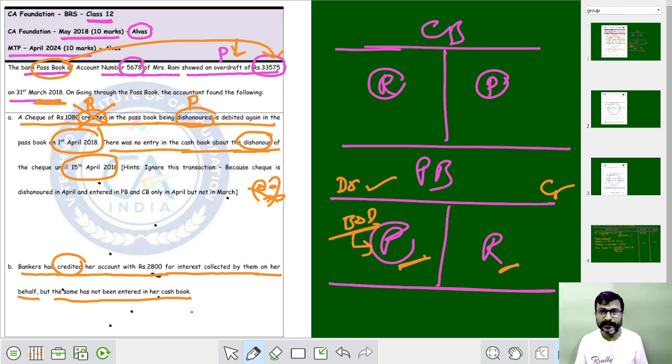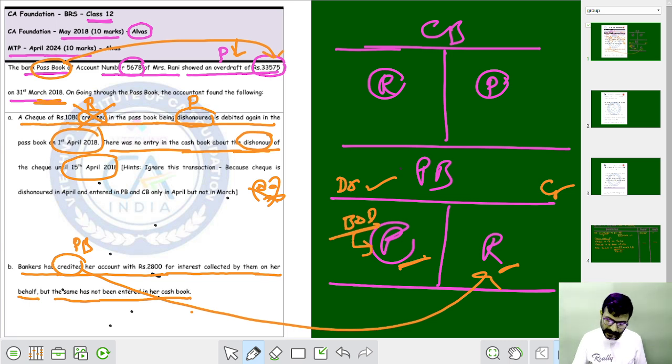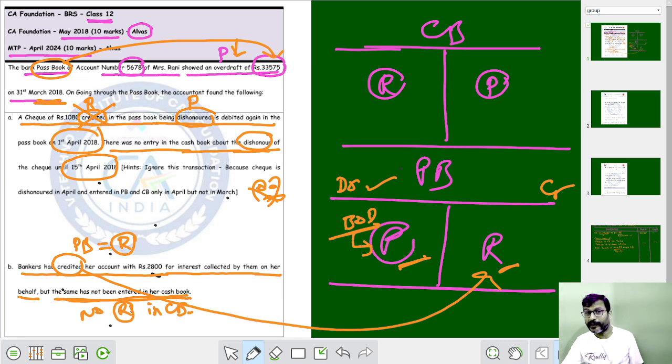Banker credited means credit in passbook. See, credit in passbook means a receipt in passbook, but not entered in the cash book. Not entered in the cash book means what? No receipt in cash book. Did you understand?